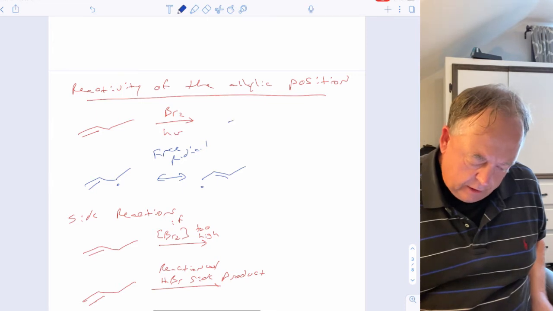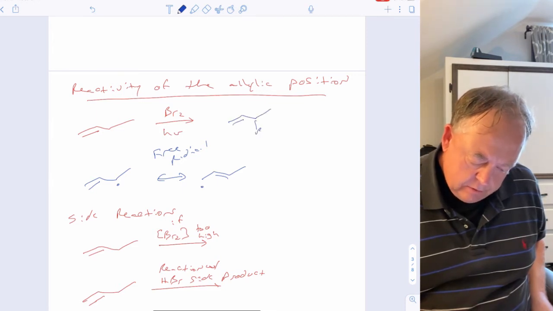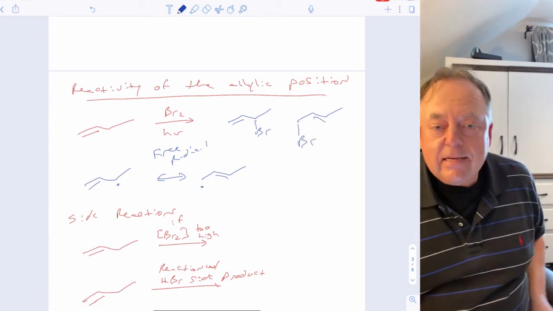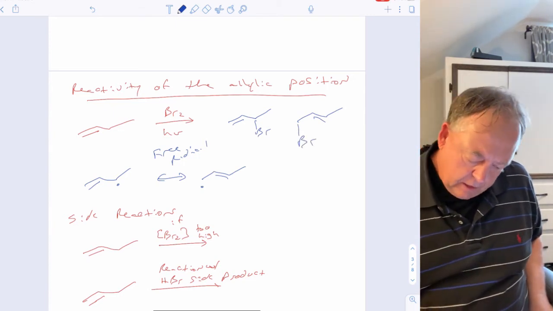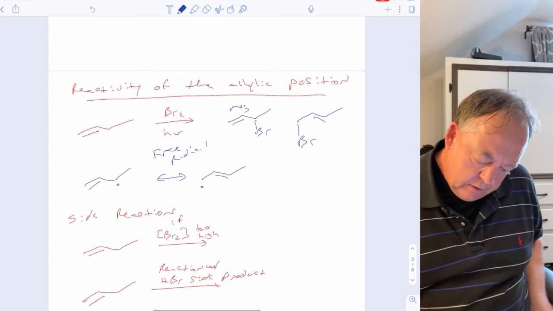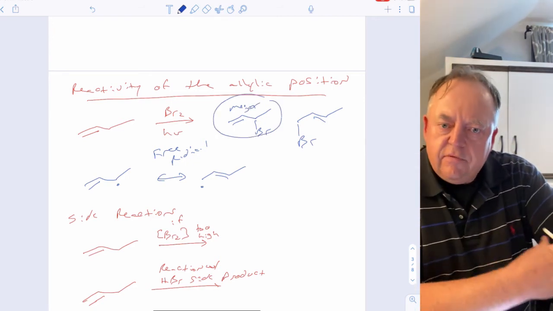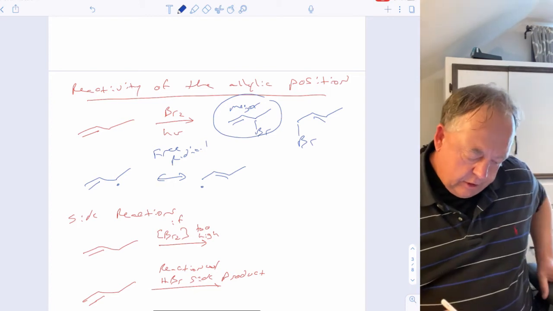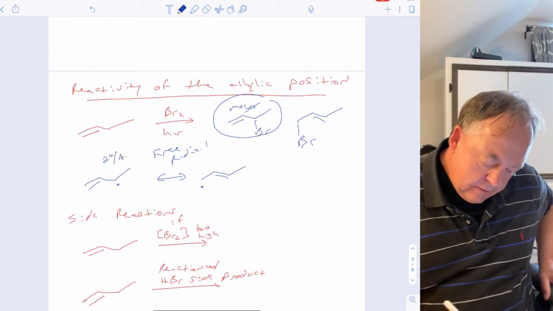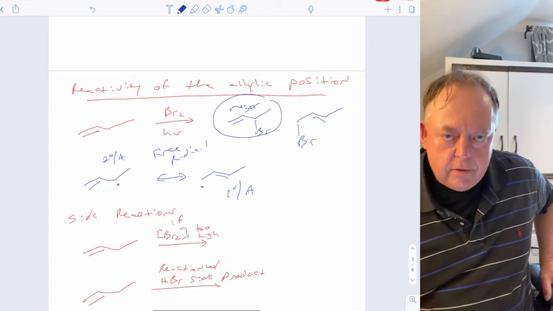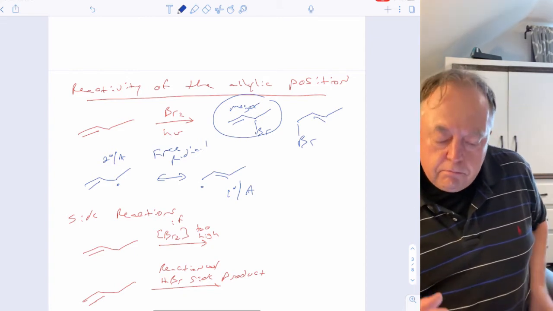So if you did this free radical bromination, you would make that as a possible product, and that as a possible product. And then this would be the major product based on what we've done in the past, based on stabilities of free radicals. Because this is secondary allylic, and this is primary allylic, and so the secondary allylic radical is going to lead to the more stable major product.